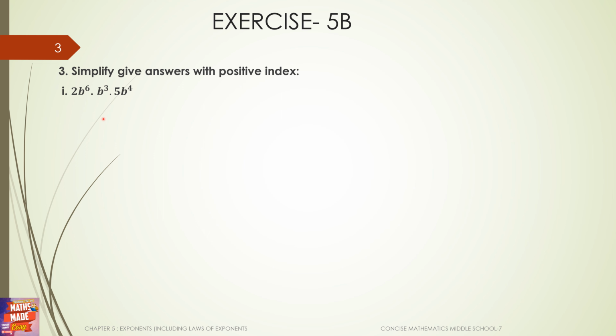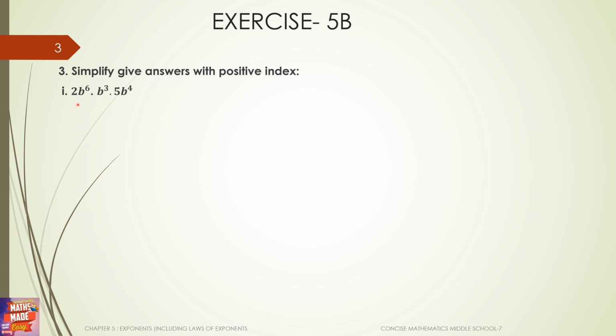You might have found the formula a to the power of m into a to the power of n into a to the power of p, right? But you cannot use the formula directly, because if you look here carefully, the base is not the same. It is 2b over here, it is b over here, it is 5b. For that formula, the base should be the same, as a.